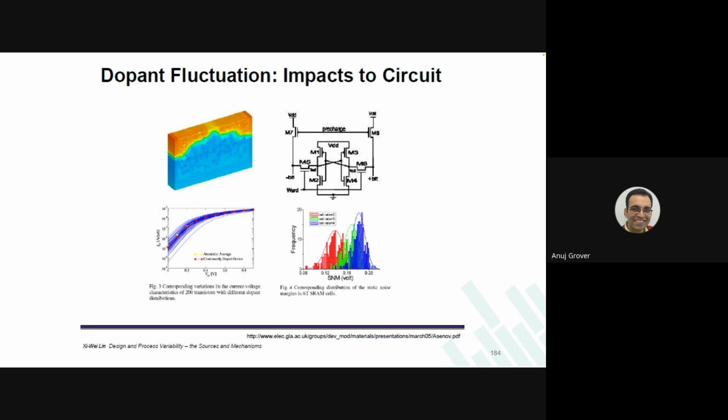When my lot is designed as typical or fabricated as typical, there would be a few devices which would be as slow as the slow lot, and a few which will be as fast as the fast lot. And the same would happen over here.